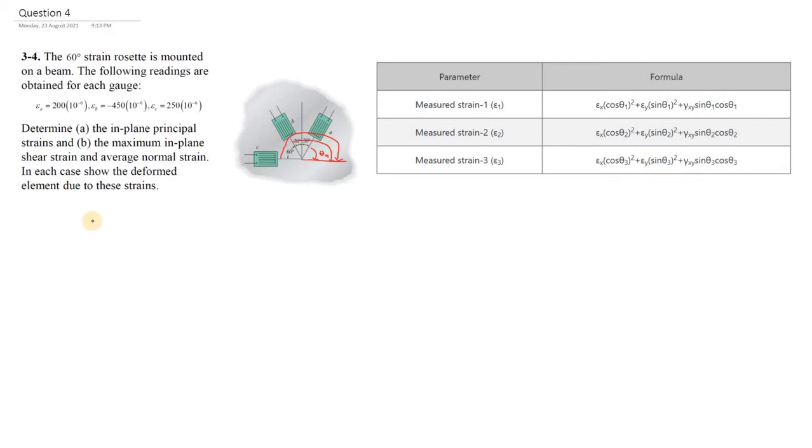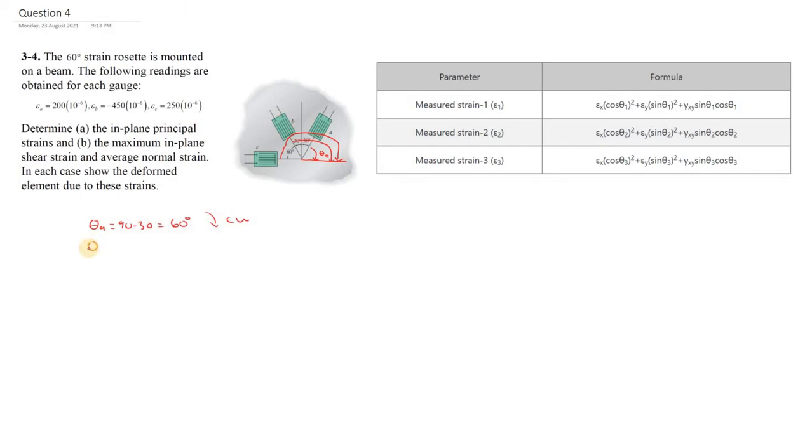Right, so the angle for A to the x-axis is just 90 minus the 30 that's given in the question, which is 60 degrees clockwise.